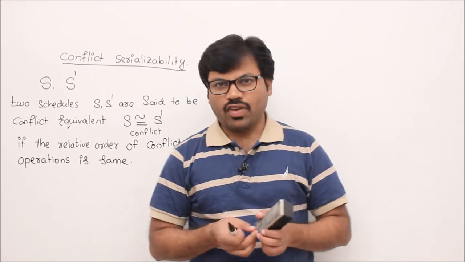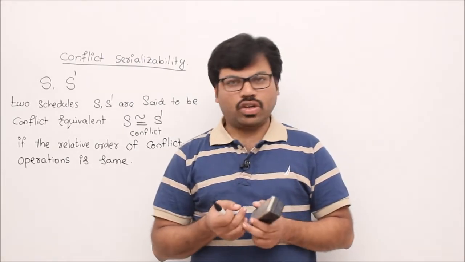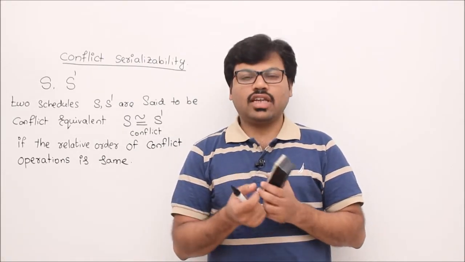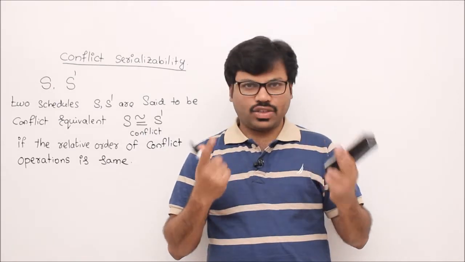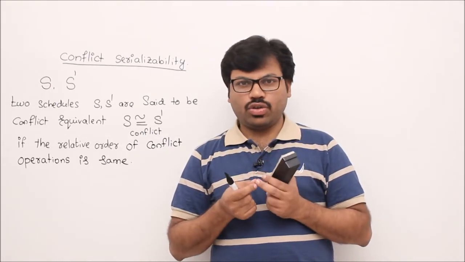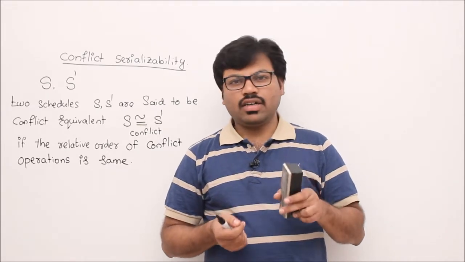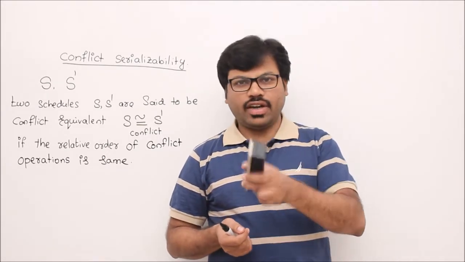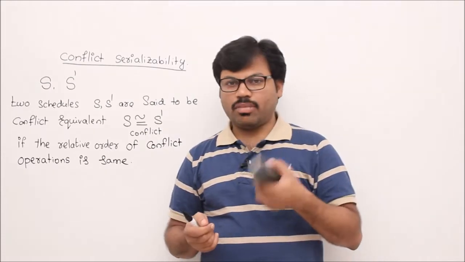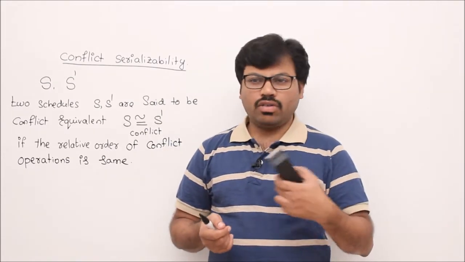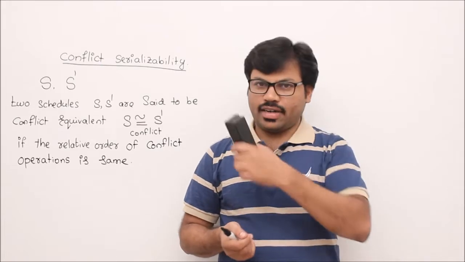Now we'll see conflict serializability. I will give a rough idea about it. Conflict serializability has a definition, so you can see it as a tool. Using that, I am going to prove that some schedule is equivalent to a serial schedule. Serial schedules are good schedules. From now onwards, let's use easier words like good and bad.